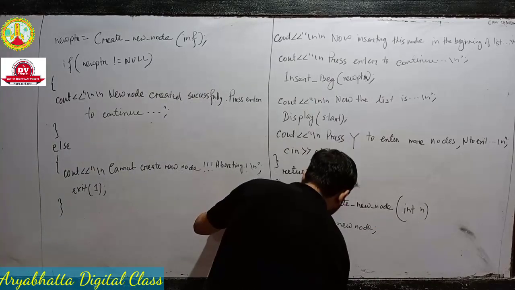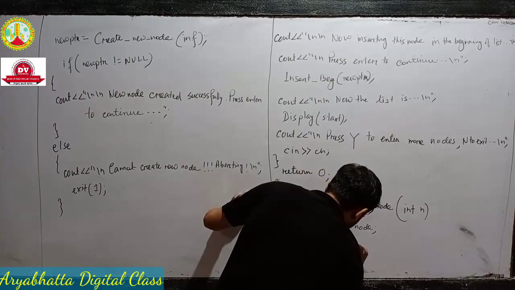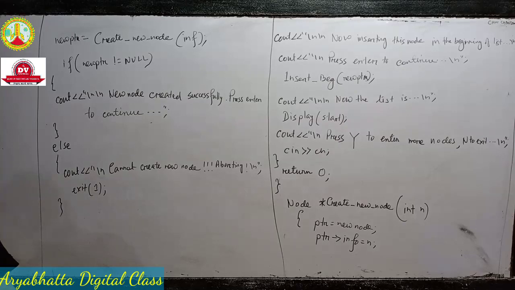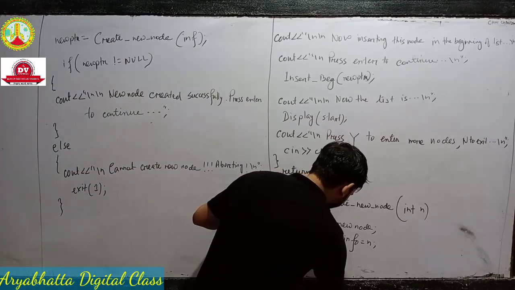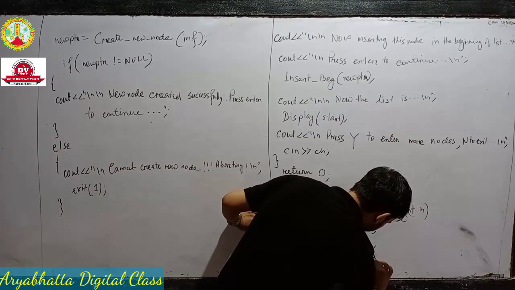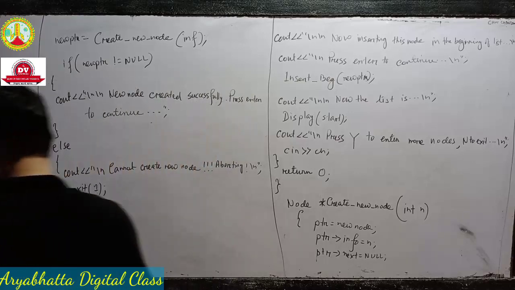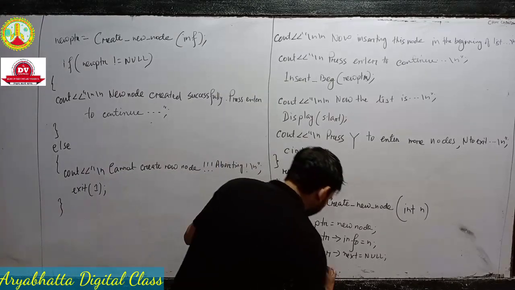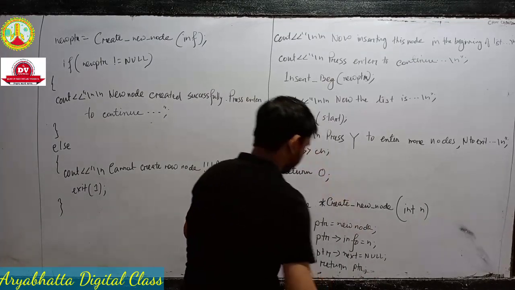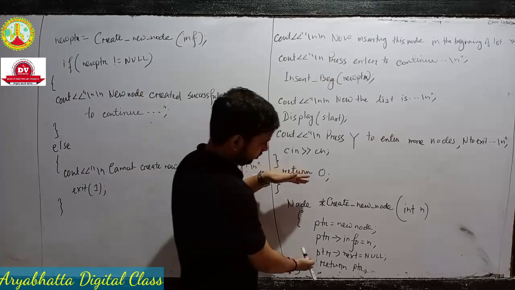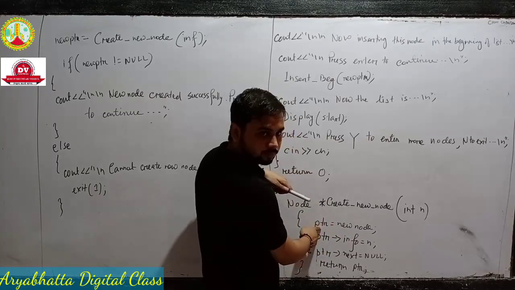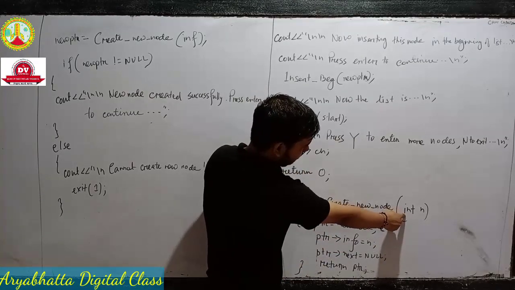I already told you this is the information part. ptr next is equal to null, because this is not added yet. This is independent, that's why. ptr next is equal to null and return ptr. Return to the main function. Means we create a new node, and the new node is ptr.